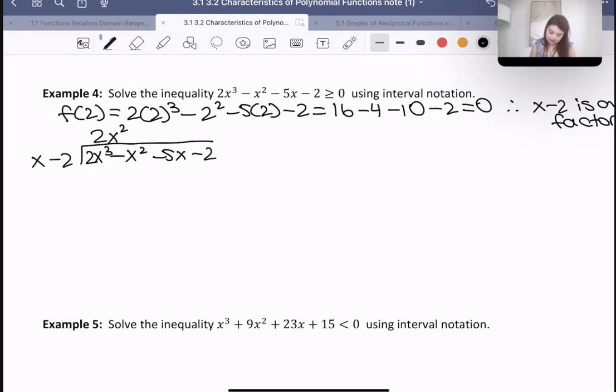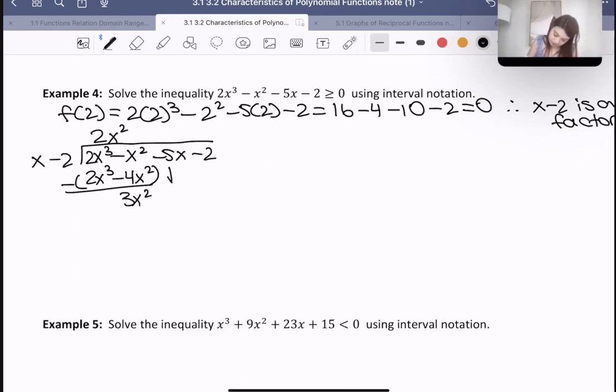So x times 2x squared is 2x cubed. And then we have negative 2 times 2x squared, which was negative 4x squared. And then we're going to subtract, and we're going to end up with negative x squared minus negative 4x squared, which is positive 3x squared.